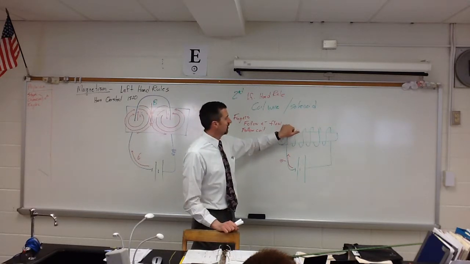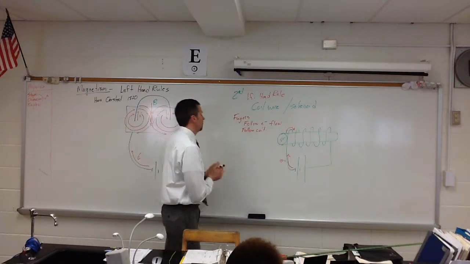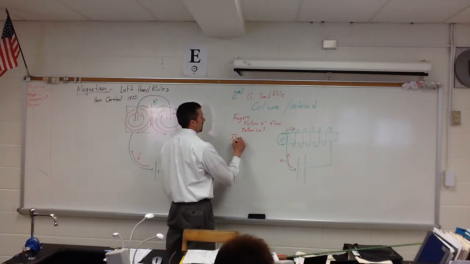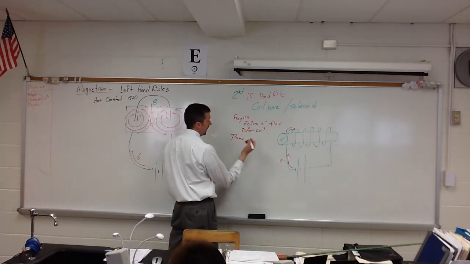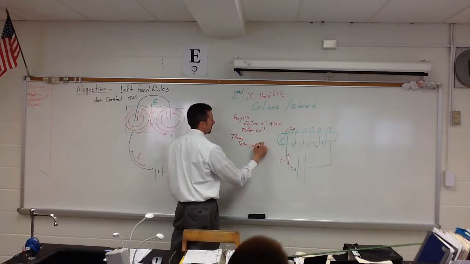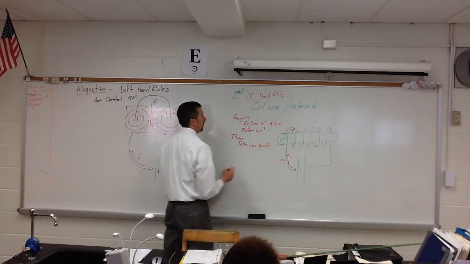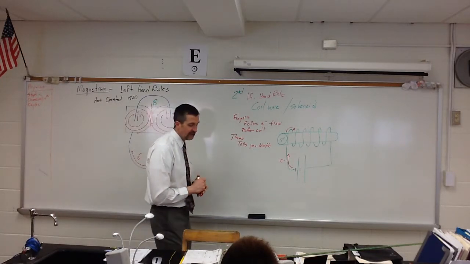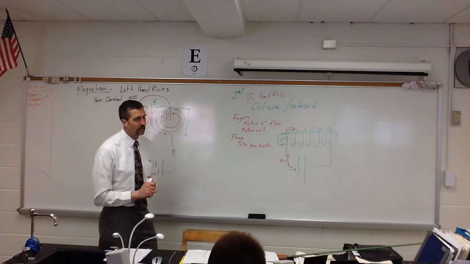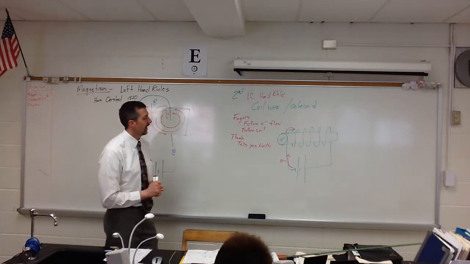When you wrap your fingers around, see how your thumb's left pointing? Your thumb indicates or tells you where the north is. So your thumb will actually indicate or tell you where the north of this magnet is.